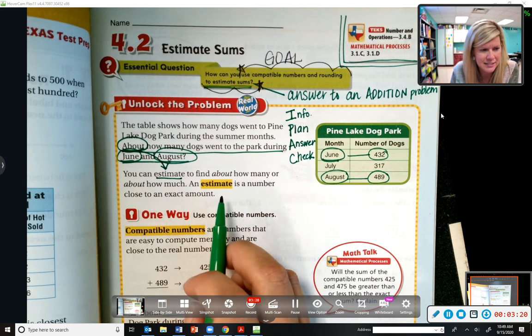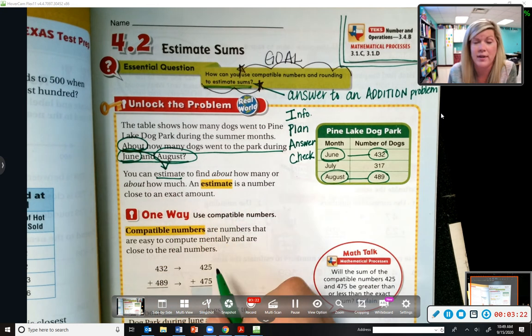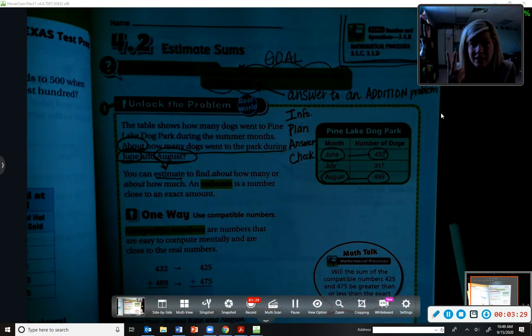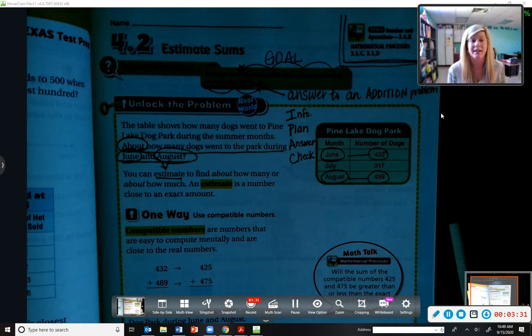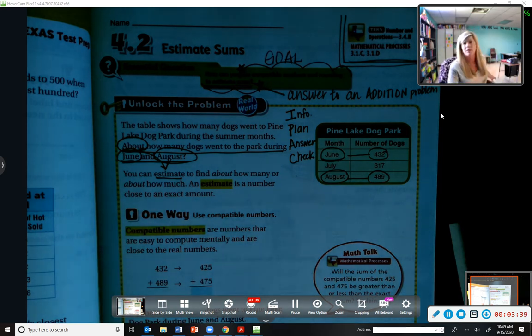An estimate is a number close to an exact amount. Okay? So when you hear about or estimate, that means they're wanting you to find a number close to it, not the exact answer. So you need to make sure that you're rounding, like we're going to practice today, or using compatible numbers. Hold on, let me get the lights. There we go.